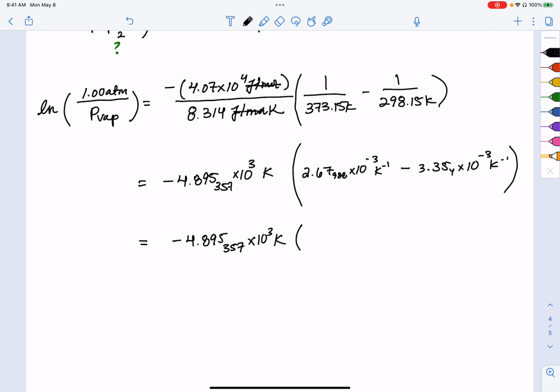All right, so we've got 0.00267 minus 0.003354. Okay, this gives me negative 6.7412 times 10 to the negative 3. Don't mind me, I'm just swapping in and out of scientific notation. That is all you need to do as well.